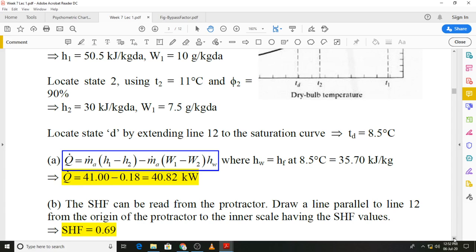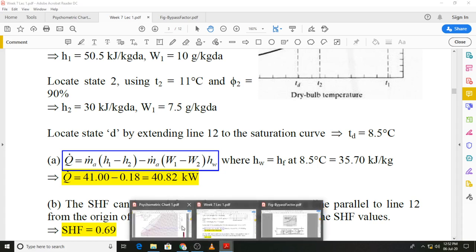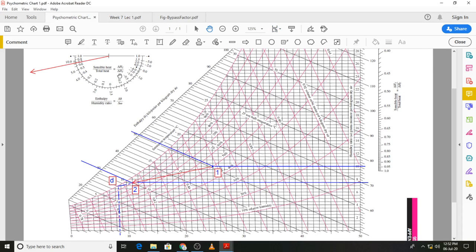Okay, the sensible heat factor. Again, we can make use of the protractor over here, because we have already got the process line 1 to 2. All we have to do is draw a line parallel to line 1 2 onto the protractor and read off the sensible heat factor value from the inner scale. If you look at it, the process line 1 to 2 is also drawn in the protractor.